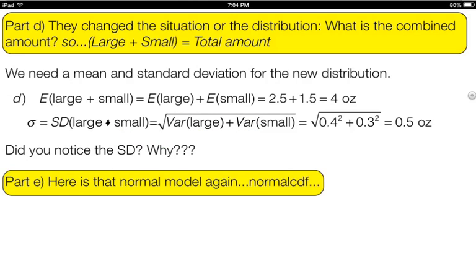So we go back over to our different values. We can see that we have 0.4 squared plus 0.3 squared, which still gives me 0.5. That didn't change. If I do the sum or the difference of the variances, it's still going to be the sum, so that one stayed the same. Remember, that's why the standard deviation didn't change.